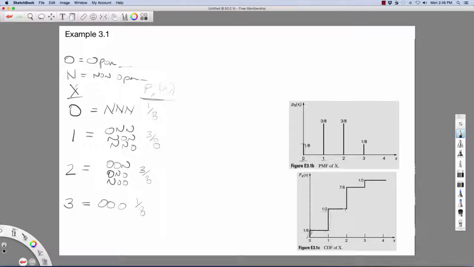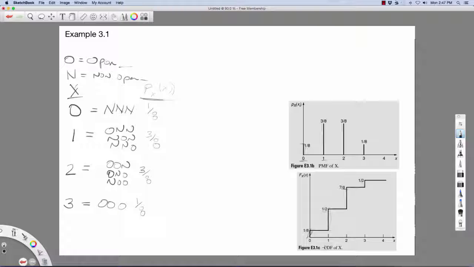Then we go to 2, we have a half, and we add another 3/8, so 3/8 on top of a half is 7/8. Then we add the last value of x, which is 3. There's a 1/8 probability there, so 1/8 on 7/8 gives us a value of 1. So this is what the CDF looks like of the random variable x for the discrete case.